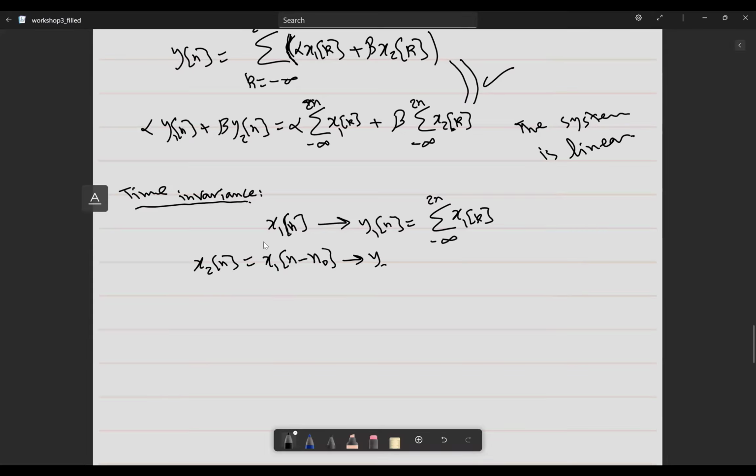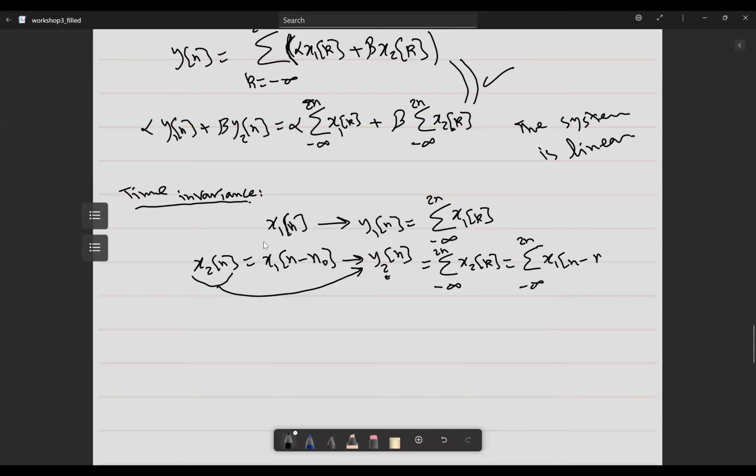Then y2[n], which means that x2 is the input, equals the summation from minus infinity to 2n of x2[k], which is x1[n minus n0].